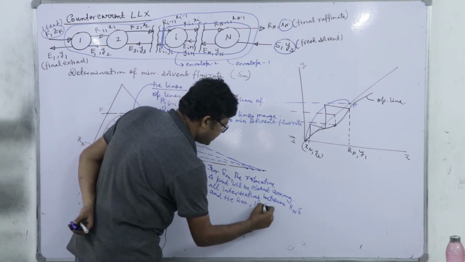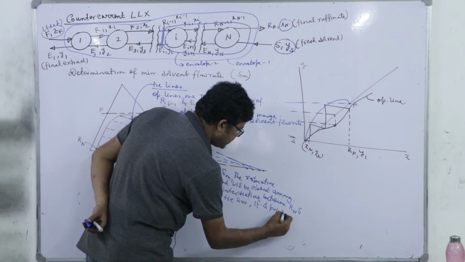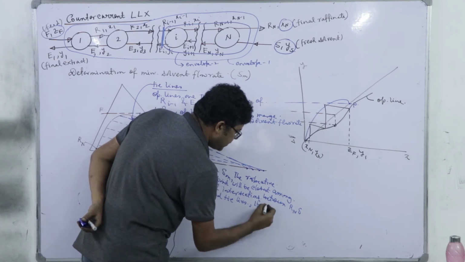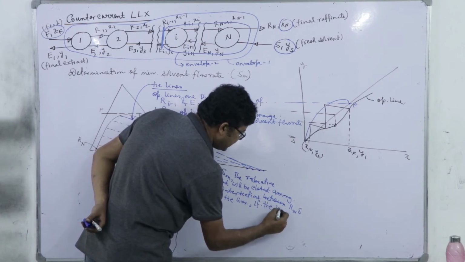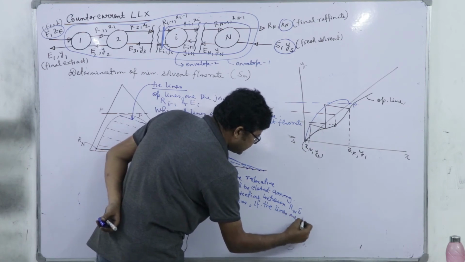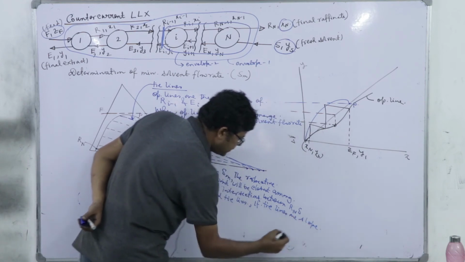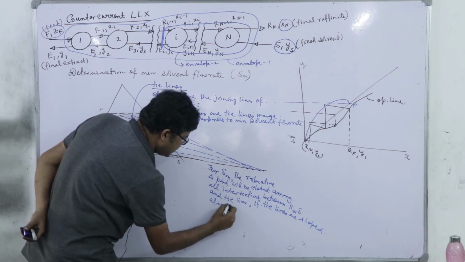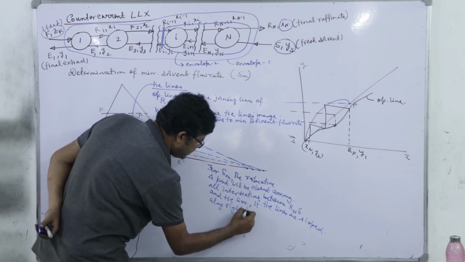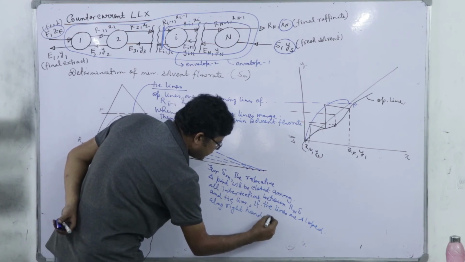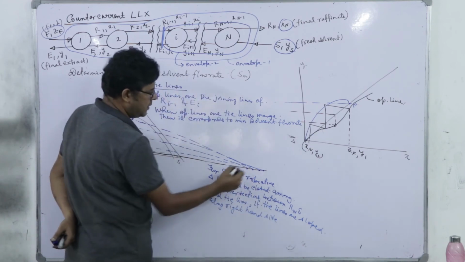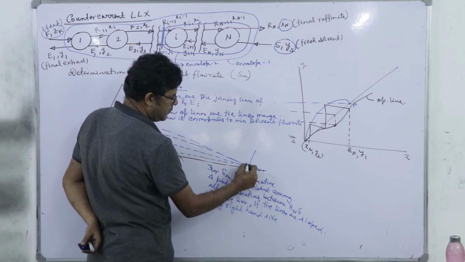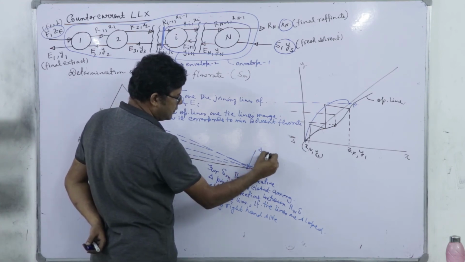If delta point or tie lines are sloped right, or sloped along right hand side, which is the case here, right. So, this point, which is the closest, corresponds to delta m.